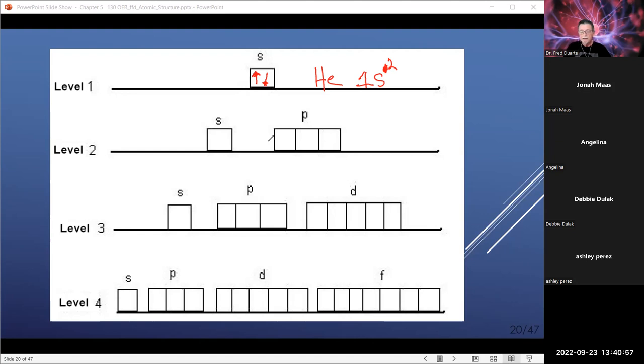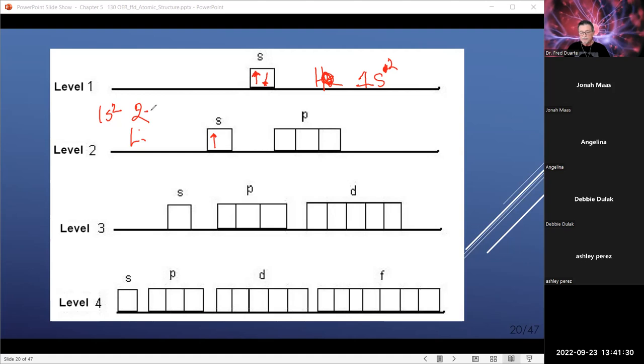Now, once we go around to element number 3, which is lithium right here, element number 3 tells us we have 3 electrons. So for lithium, we fill up the first energy level, 1s2, and then we have to go to the next energy level, which is in the second period, second energy level.